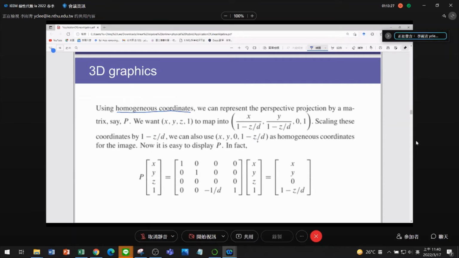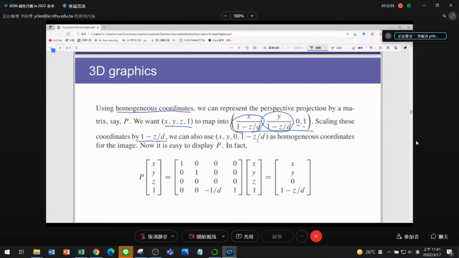Basically, we want (x, y, z, 1) to be mapped into (x*, y*, 0, 1), scaling these coordinates by 1 minus z over d. That's what has been done during the projection.